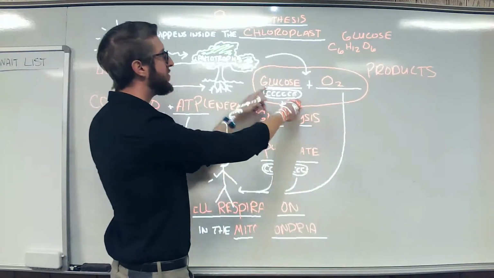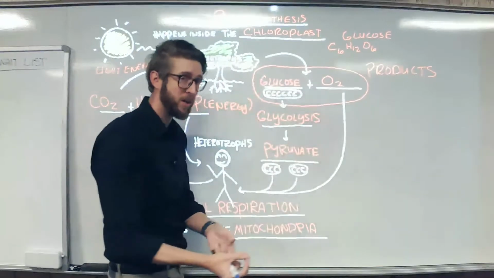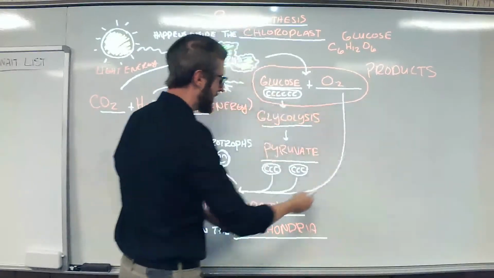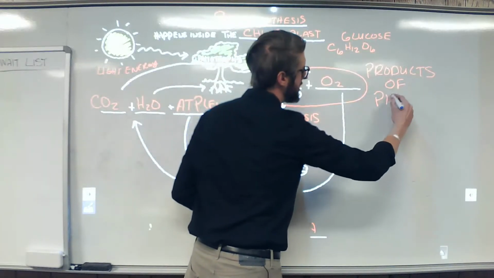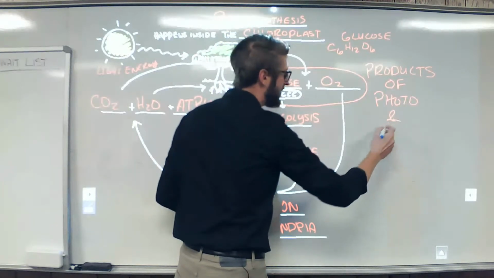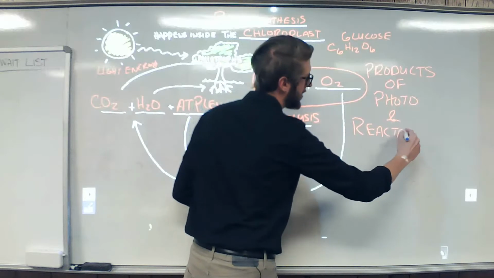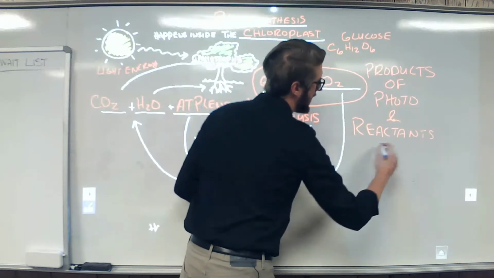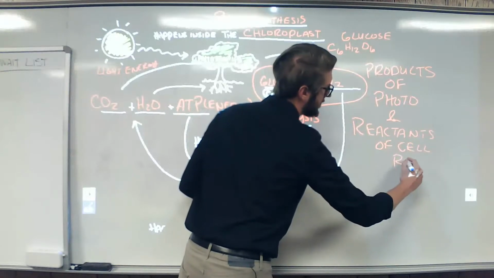But the products of photosynthesis, the things that photosynthesis makes, are also the reactants. They're the products of photosynthesis, but they are also what we call the reactants of cell respiration.